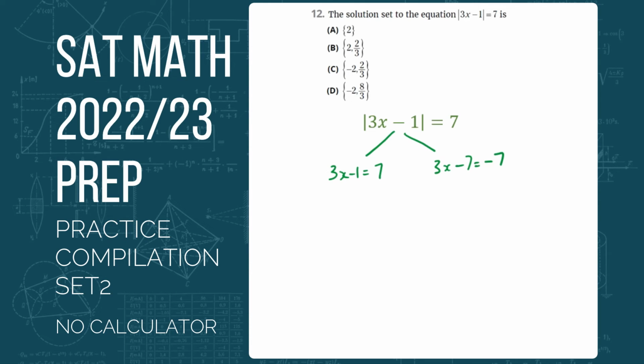Solve each side and you get two values: 3x is equal to 8, x will be equal to 8 over 3, and here we have 3x is equal to negative 6, and x will be equal to negative 2. So the values are negative 2 and 8 over 3, which is D.